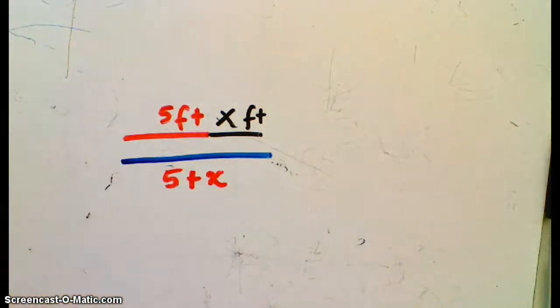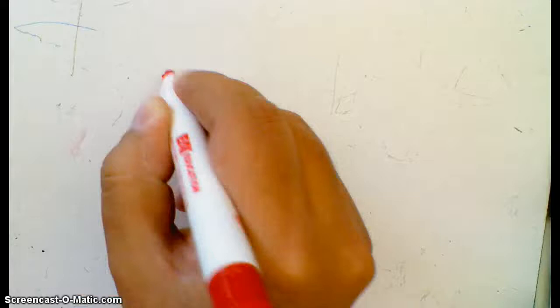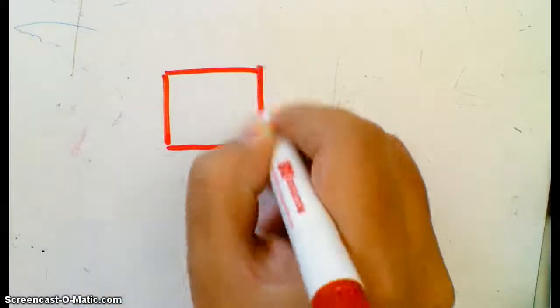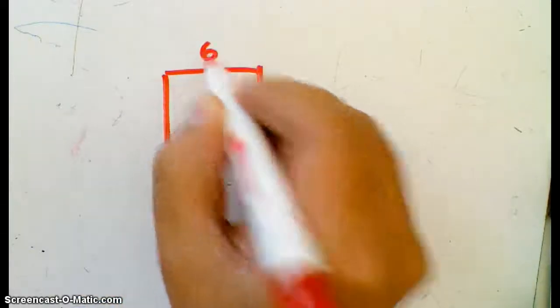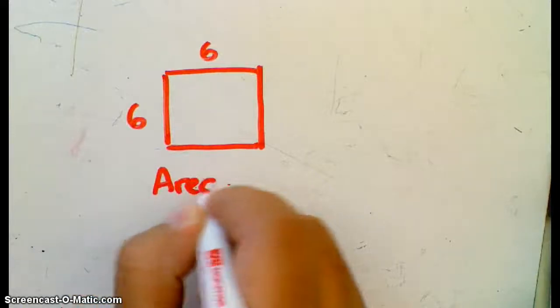So let's go back now. What if, instead of a ribbon that is only one dimension, I have a plane in which there's a square that measures 6 by 6, and I ask you what's the area?